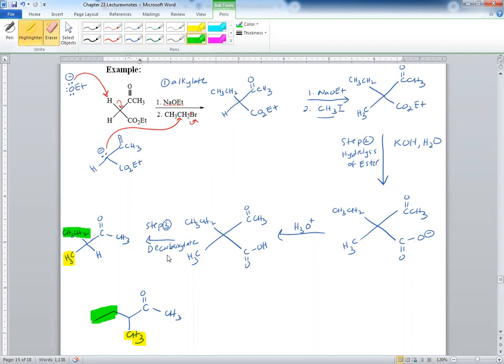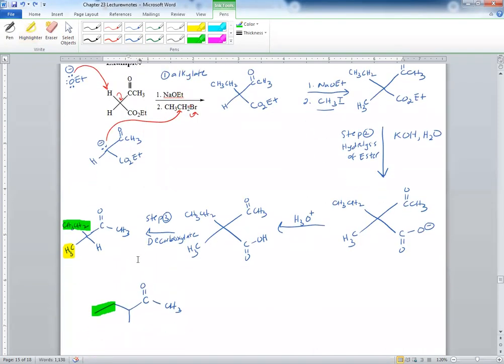So this is a way of using the acetoacetic esters to produce the desired ketone, as we've shown here. Now, in the next video, there will be something similar. So just bear with us.